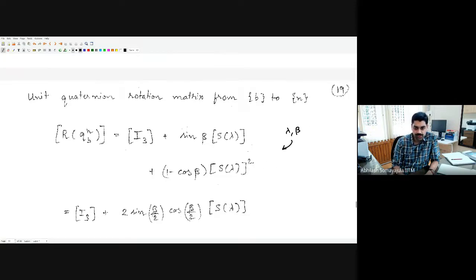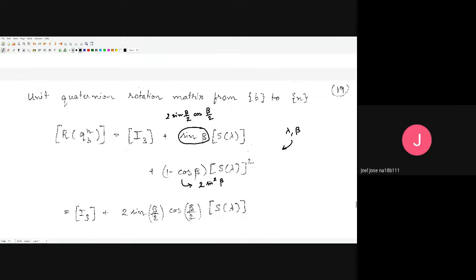How do I go about doing that? I'll break apart this sine beta as 2 times sine of beta by 2 times cosine of beta by 2. And 1 minus cos beta can be written as, what can it be written as? Sine square beta by 2. Correct.